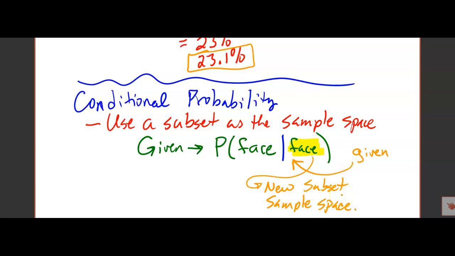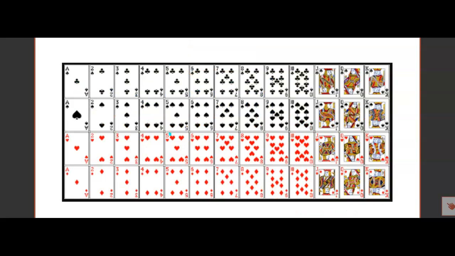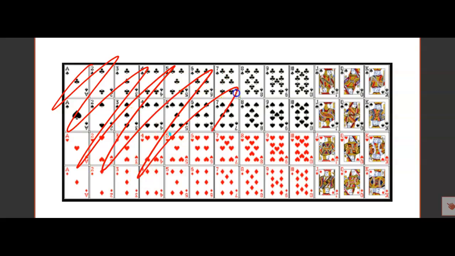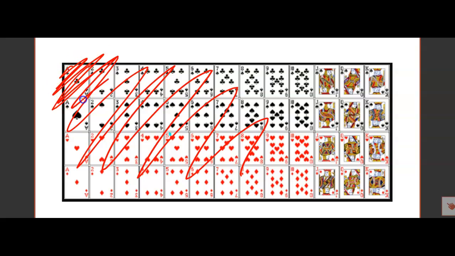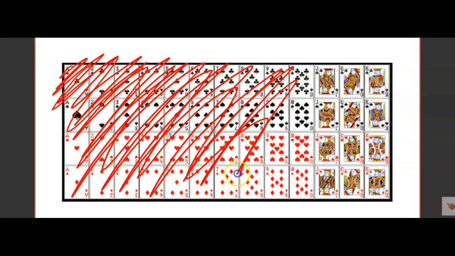So what I'm doing is figuring out my probability, and on the bottom is the number of face cards, because that is my new sample space. If I look at my card deck, everything that's not a face card is not part of your choices anymore.